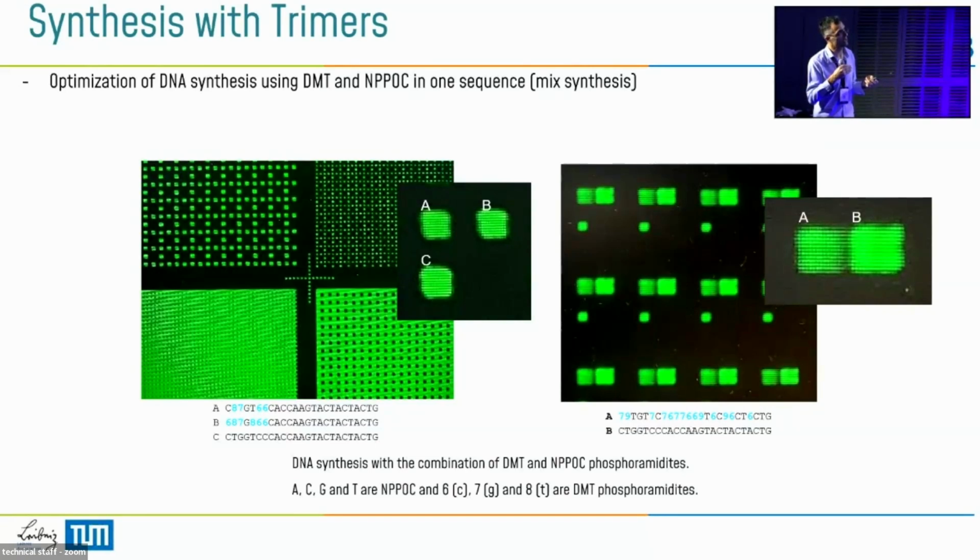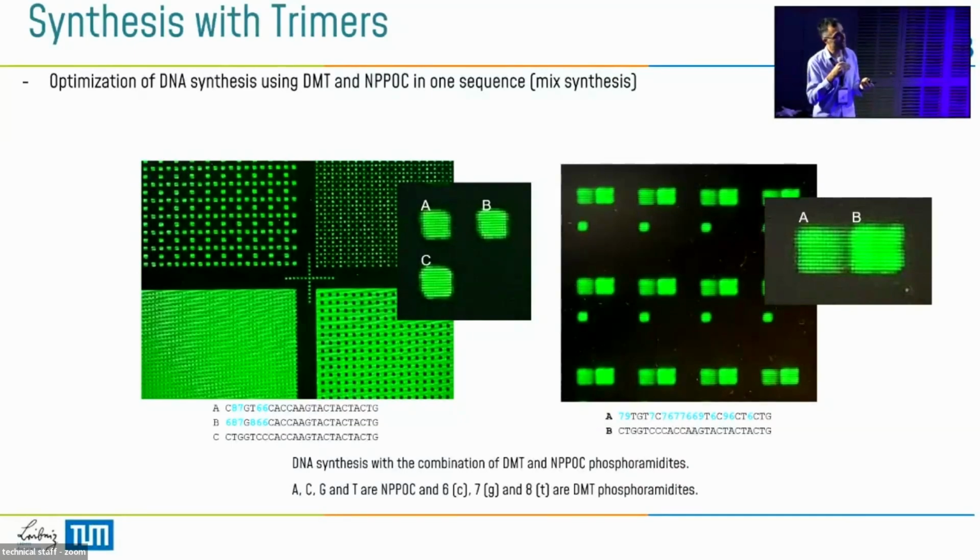The green part is the fluorescence light that you see. In the B sequence, we have 6 nucleotides that can be unlocked by UV in the mixture of the other common nucleotides. And C is fully nucleotide phosphoramidites unlocked by UV. We can see they almost have the same signal to noise ratio.